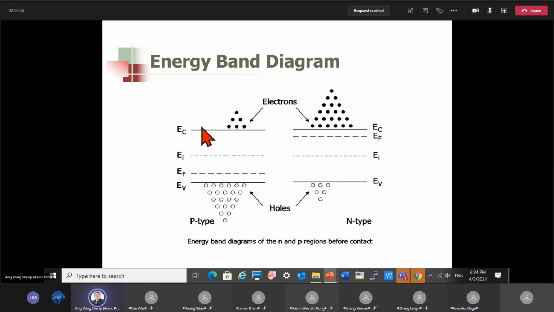Then, for any potential energy level in the band diagram, I can convert it into a potential.